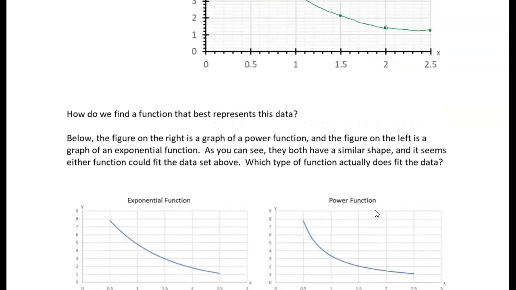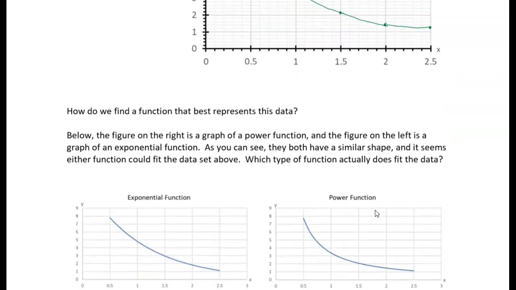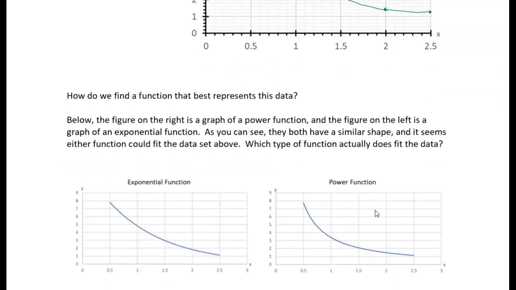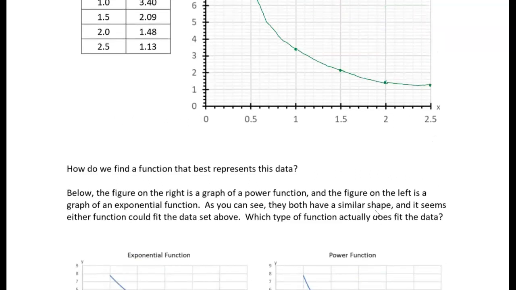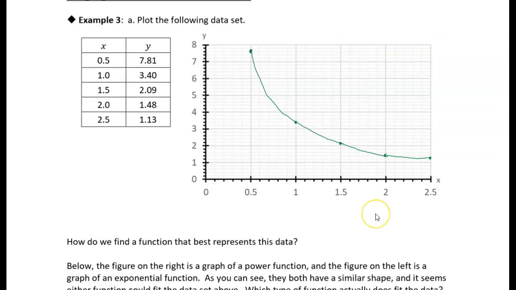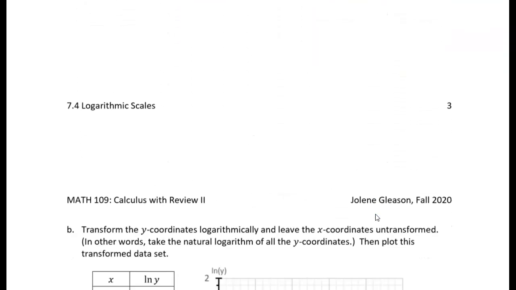It's not obviously clear what would be the best option. So the goal is to analyze this data set using logarithms to help us decide and actually come up with a nonlinear function that fits that data. That's the goal here.